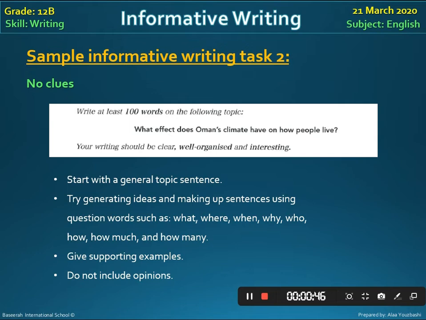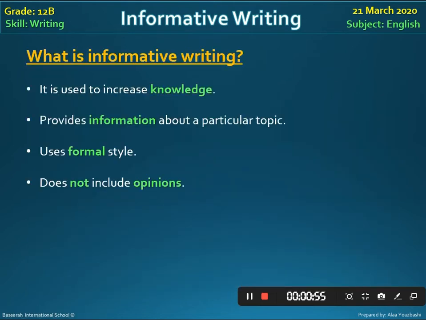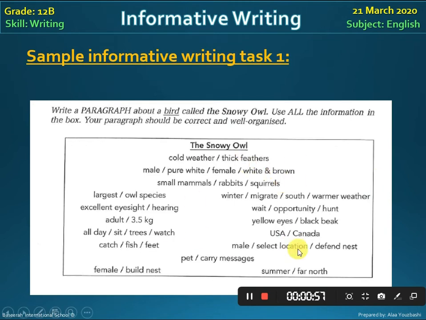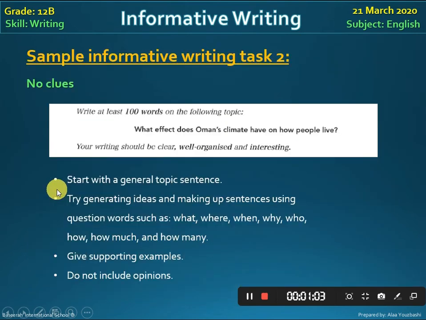Now, in the final exam, you might have this type of question where they give you the pieces of information, or you might have this type of question where you have no pieces of information available. So you should be ready and prepared for any type of writing.